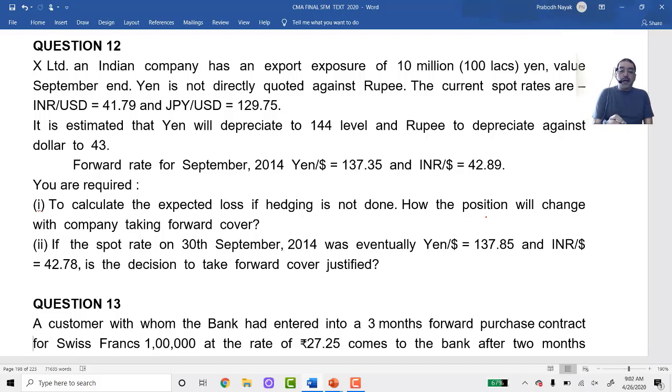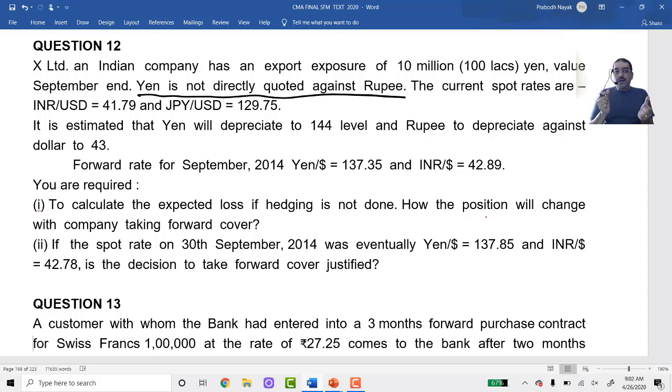Yen is not directly quoted against the rupee. That means cross rates. The current spot rates are rupee to US dollar 41.79 and yen to US dollar 129.75. Only one rate is given.